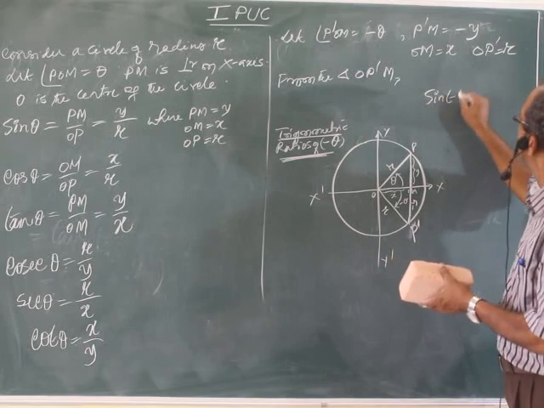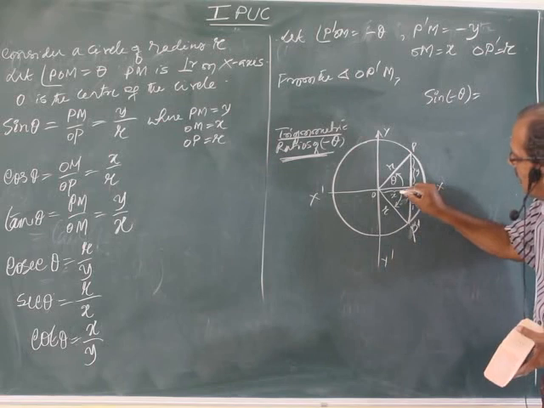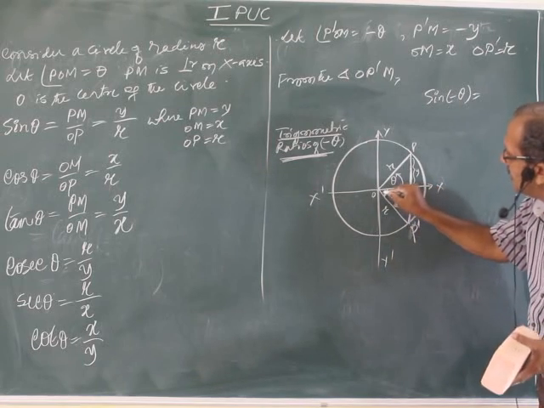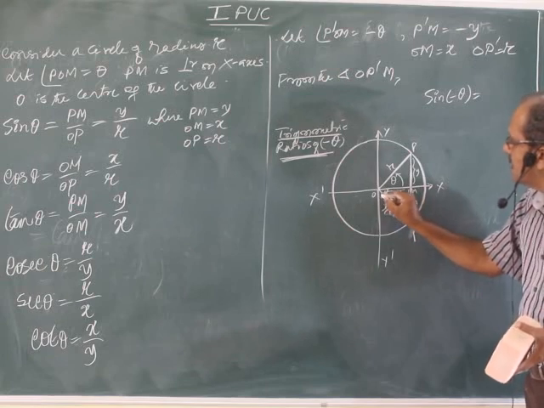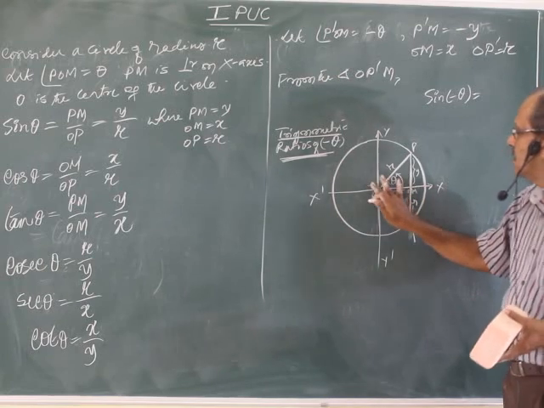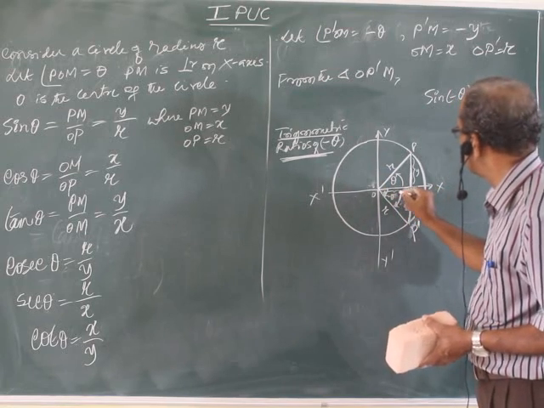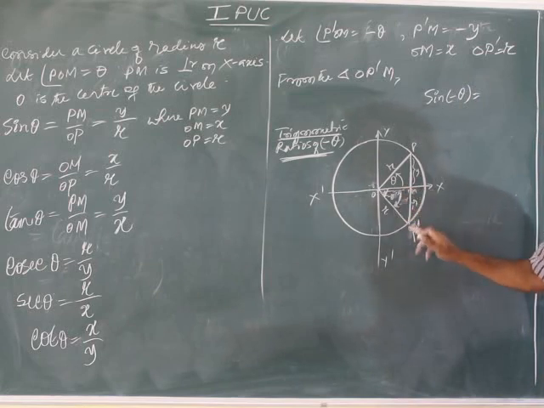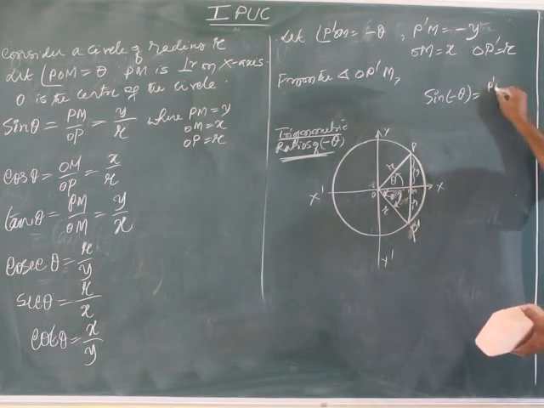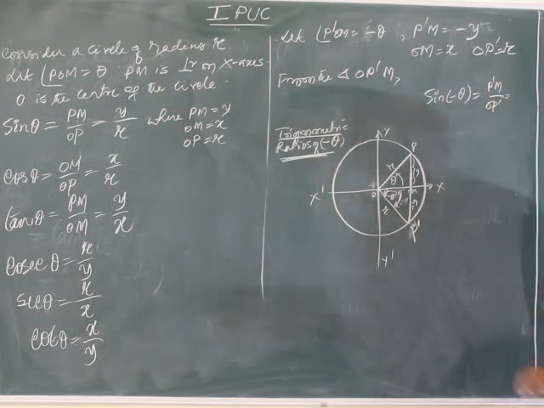Minus theta means this angle, I have shown here, but actually this angle is minus theta. Sine of that means opposite side, P dash M by hypotenuse OP dash.